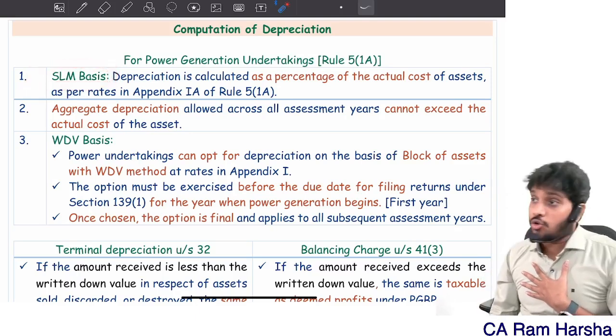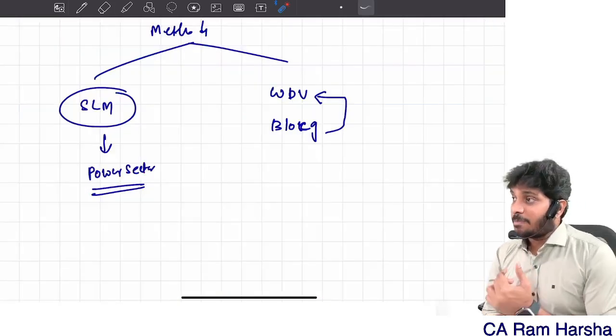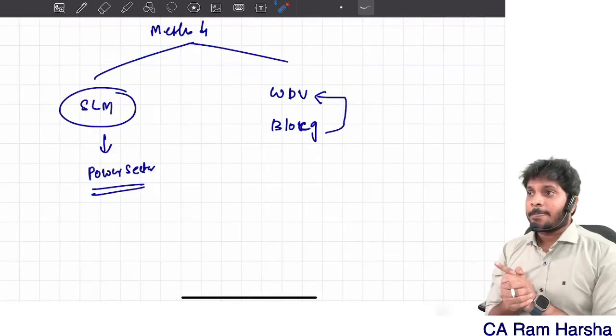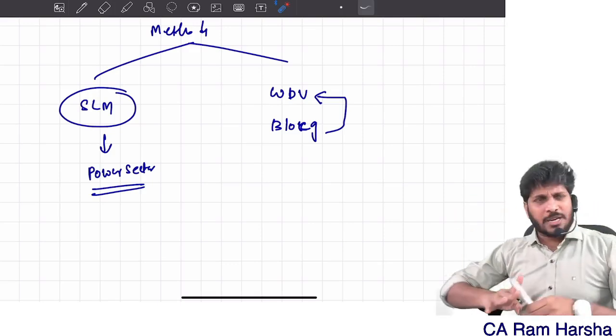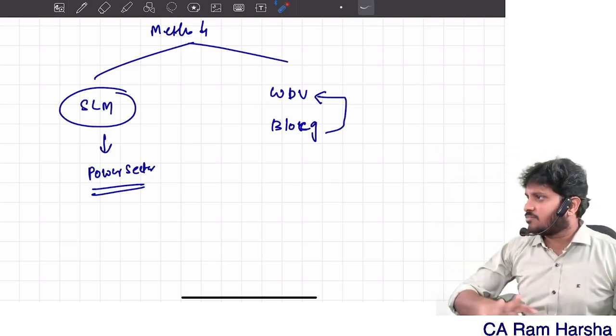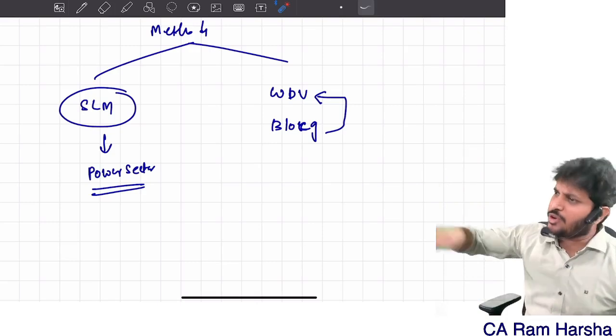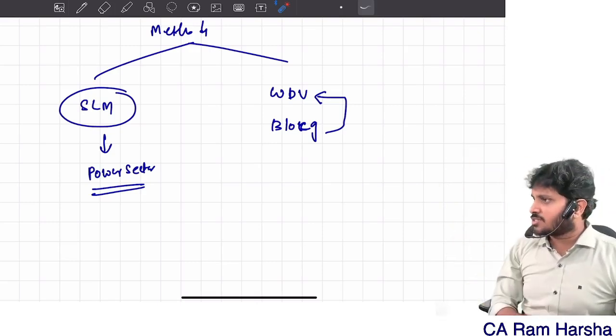SLM basis also permitted for you. But you know what? For power sector, this year only you started business. First year you started business, you purchased so many windmills, thermal power, hydro power, so many projects. This is your first year of business.